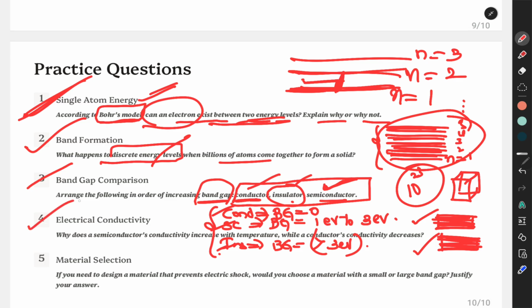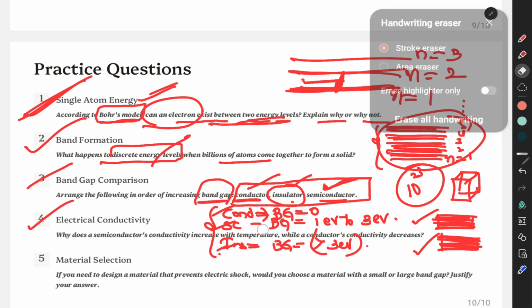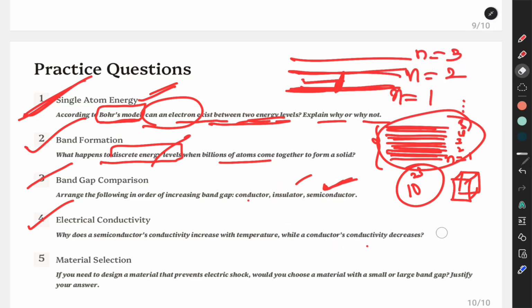Right, next question. It's about electrical conductivity. It's asking, why does a semiconductor's conductivity increase with temperature while a conductor's conductivity decreases? Okay, interesting question, right?